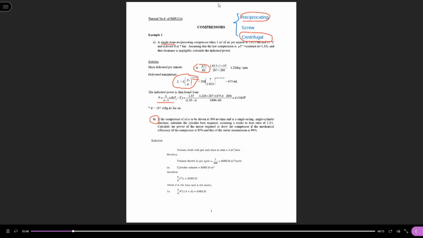For B, I wish you could spend some time on it first. Before you read the question, as I have introduced during our lecture, the bore is the diameter of the cylinder, and the stroke you can consider as the length of the cylinder.